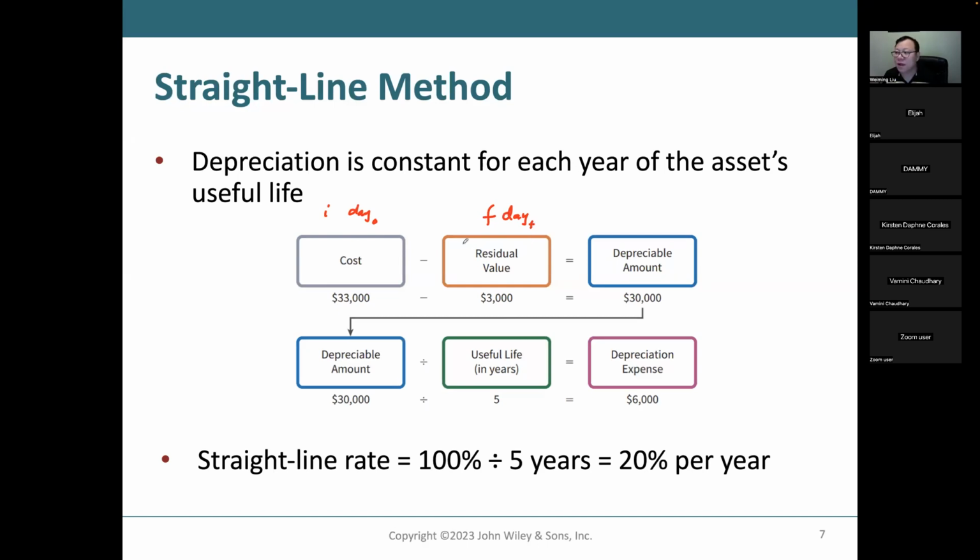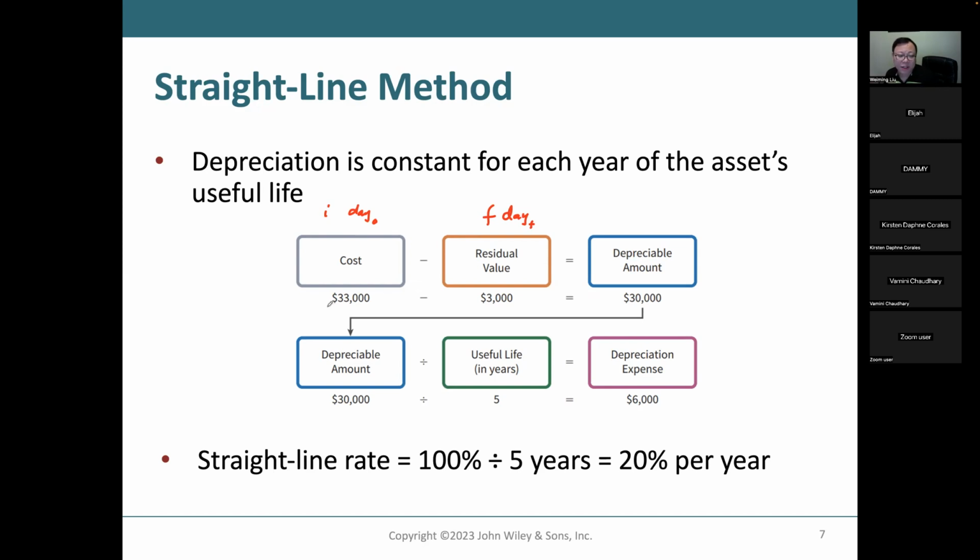And the difference is the amount of value to be depreciated. We call it the depreciable amount, okay? Depreciable amount is actually the amount of value decreased when you compare initial versus final.